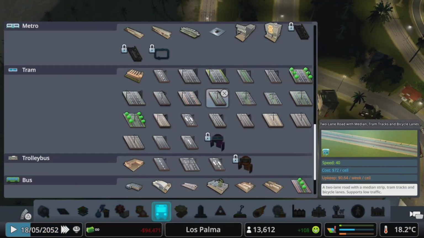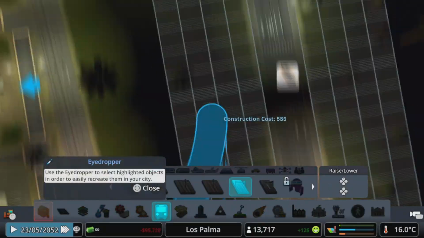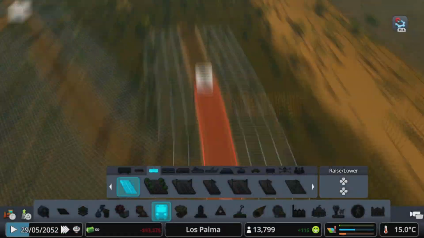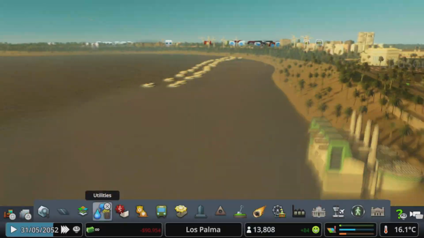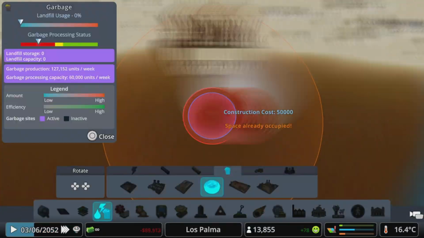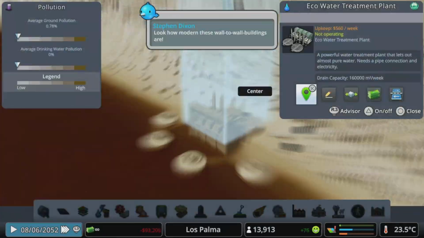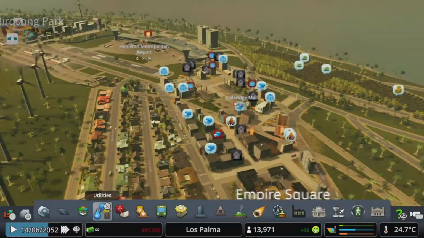Then there's a little tram stop, and then I realized that there was a small 4-lane road with tram tracks, so instead of having this tram route follow the coast on its own tram tracks, I just had it go along the road, just because then it's cheaper, one, and two, then we don't need to have as much terrain being changed.